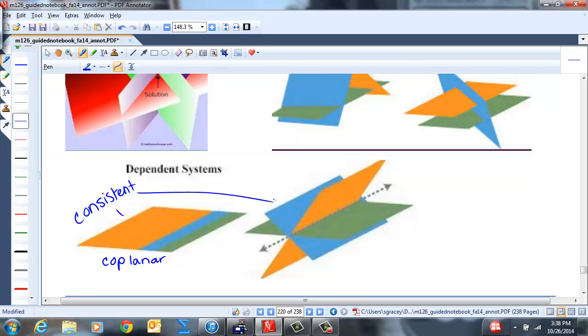And with this one, it's not coplanar. They're not all the same plane, but they intersect in a line, right? They intersect in a line.